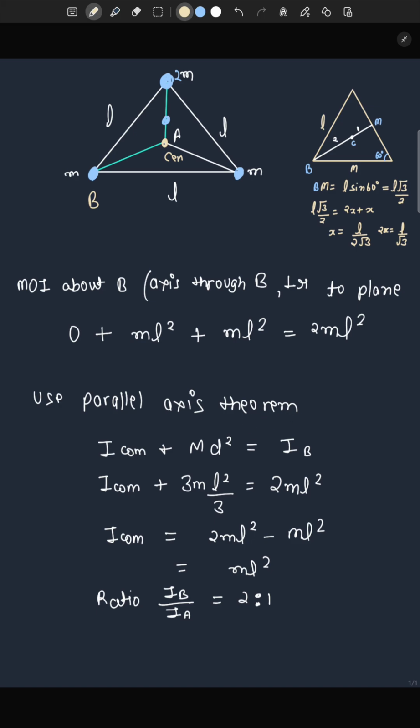You can use it, but then the d value will be this one, so you have to calculate it. This will be different for all: these two will be equal, but this will be different. So why were we able to use the parallel axis theorem? Because here the center of mass and centroid were coinciding.